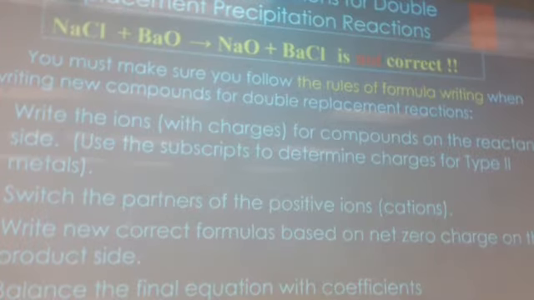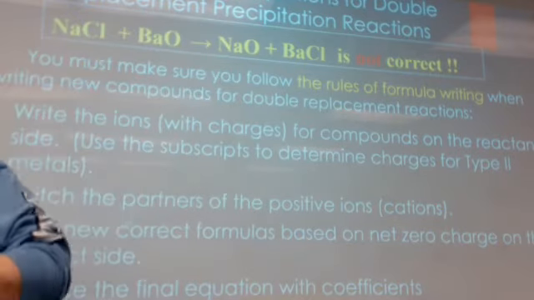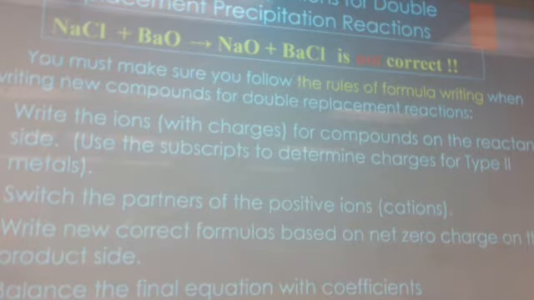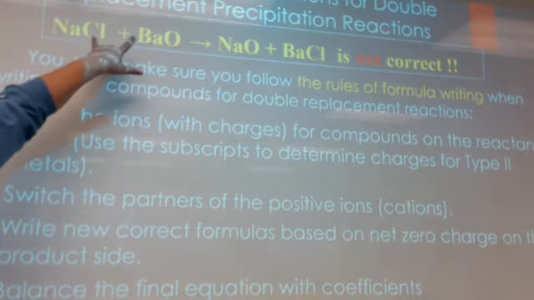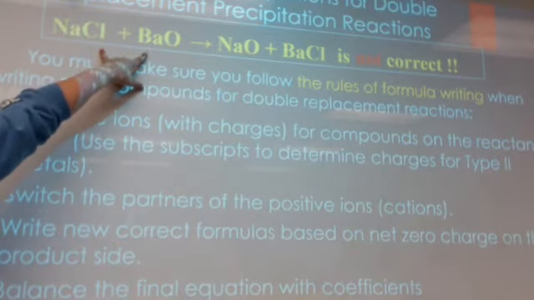All right. So this is not correct, and we're going to talk about why, but I wanted to show you this just to show you the general format of a double replacement reaction. In a double replacement reaction, you will always start with your two ionic compounds.